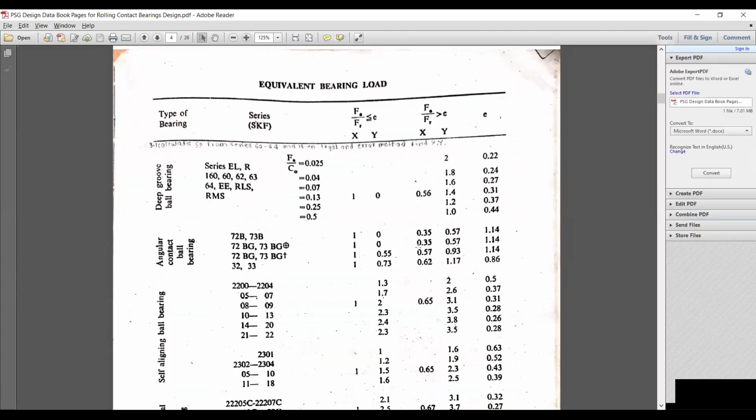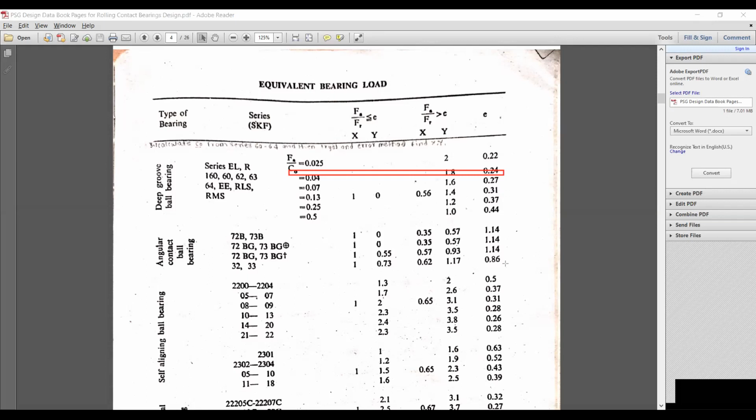The value of FA by CO is 0.39. Ultimately we need to find the value which is nearer to one, so we round it up and consider 0.4. If we consider 0.4, then the value of E comes out as 0.24.